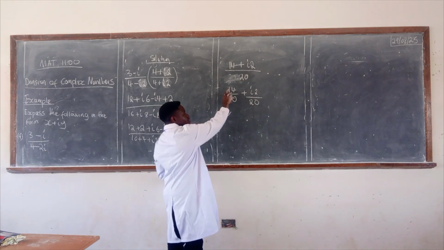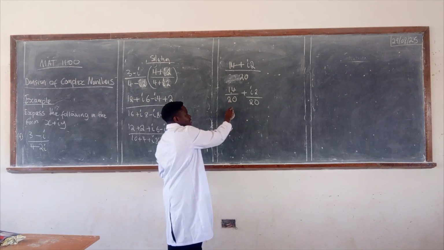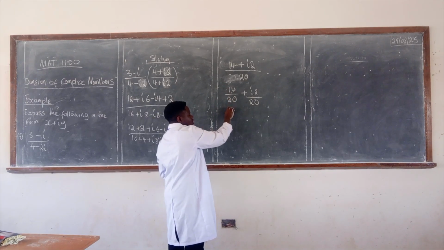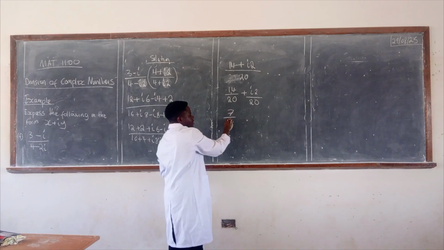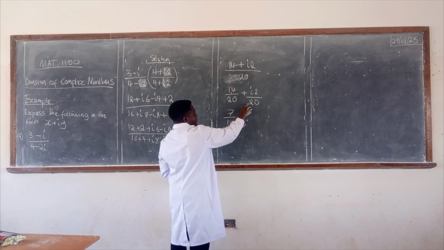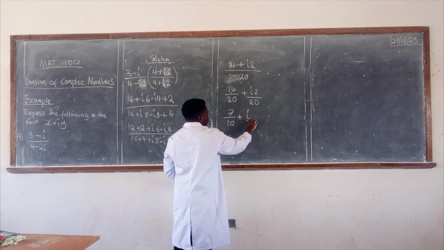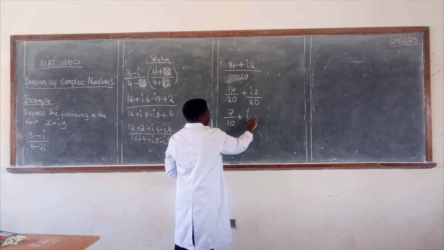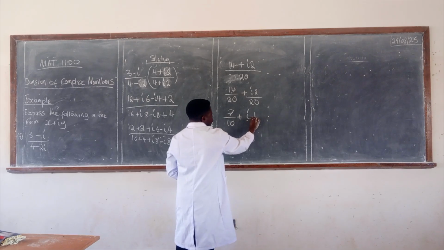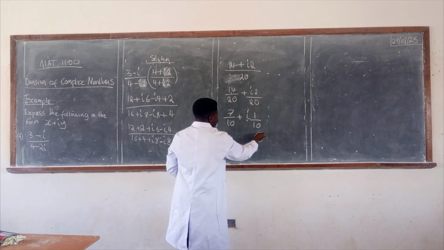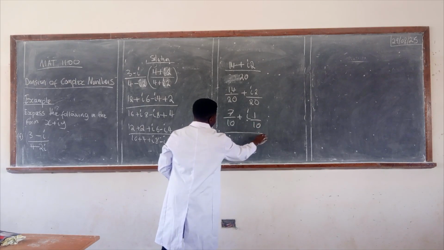So we find a number which can go into 14 and 20. We have 2. 2 into 14 is 7, 2 into 20 is 10, plus 2 into 2, we're just going to bring the i there. Since it's a fraction, you can just write 1 over 10. As simple as that, one done.